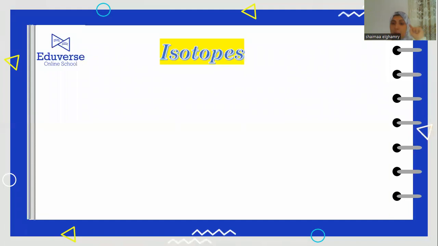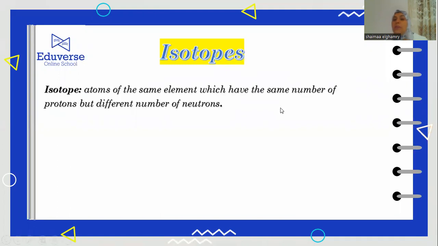So isotopes work in the same way in chemical reactions, but they are different in what? They are different in the mass number or the number of neutrons, exactly. So they have the same number of protons, but different numbers of neutrons. That's why they are different in mass number.